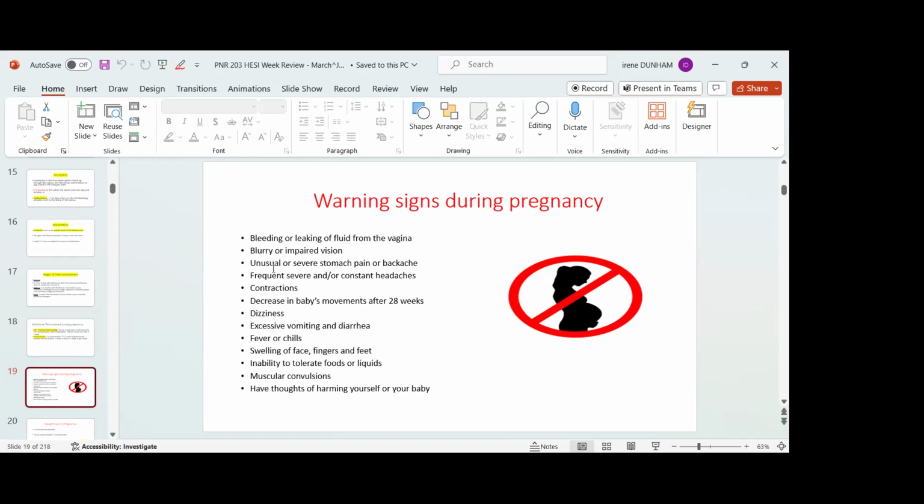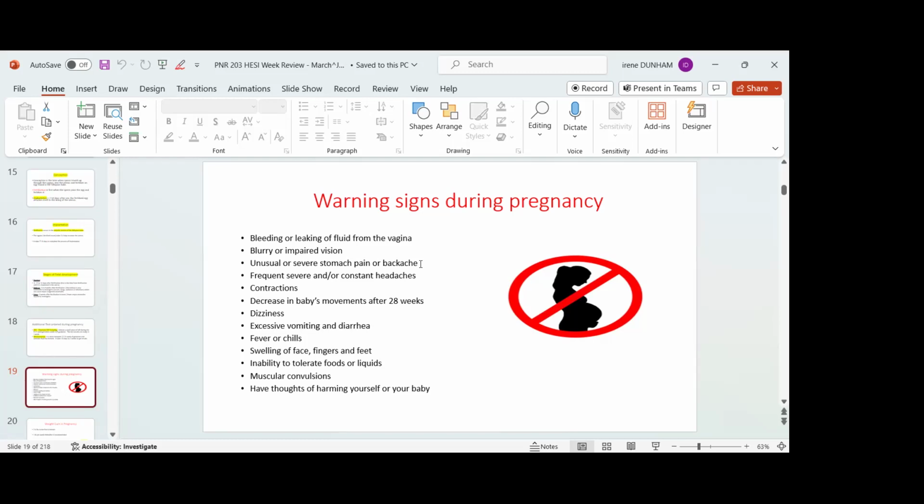Now, blurry, impaired vision happens during preeclampsia, with blood pressure. Somebody comes in with blurry vision, especially after week 20, and you've got to be worried about preeclampsia. Unusual severe stomach pain or backache could be a UTI. Remember, urinary tract infections in a pregnant woman are never good. That's why at every OB visit we test for WBCs or nitrates in the urine, because we do not want her to have a UTI.